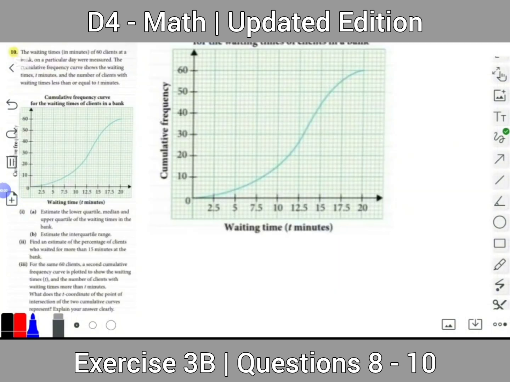Now for question 10, the waiting times in minutes of 60 clients at a bank on a particular day were measured. The cumulative frequency curve shows the waiting times t minutes and the number of clients with waiting times less than or equal to t minutes. In part 1a, estimate the lower quartile, median and the upper quartile of the waiting times in the bank.